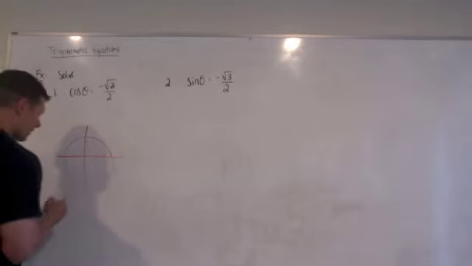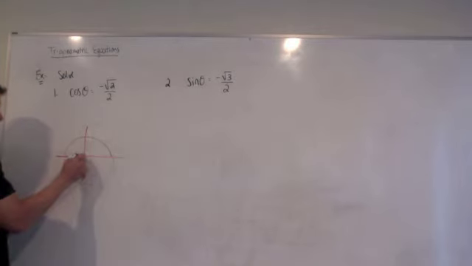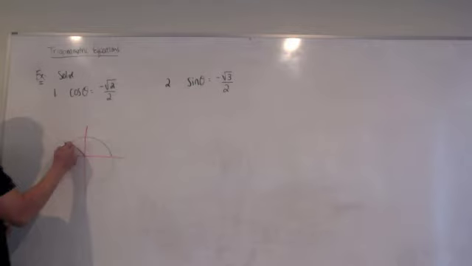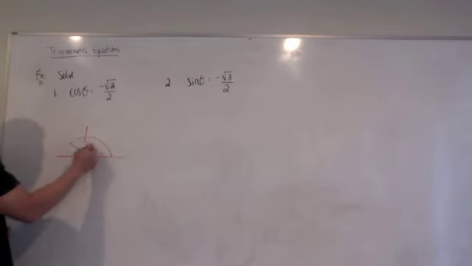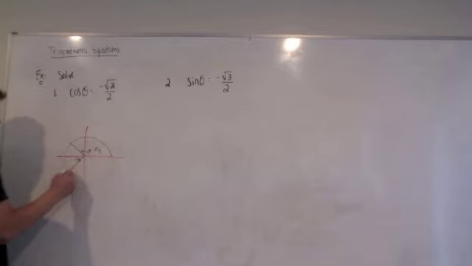Well, we know that happens at this angle right here, a distance of negative root 2 over 2, which is 3 pi over 4. But it's also equal to, excuse me, 5 pi over 4 here.